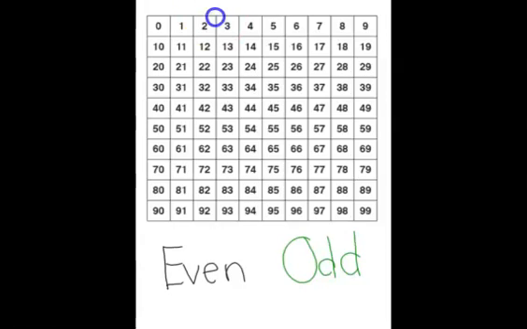Okay, so if I have 2, let me make sure my pen writes. I know that I have an even number, right? And so then, when would be a time I might have an odd number?